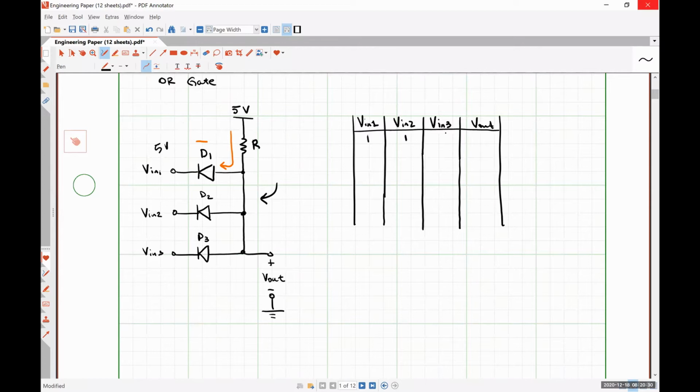So if all of the inputs are high, all three of the diodes are reverse biased, which means no current will flow through the resistor, and so V out is equal to 5 volts. If any diode becomes forward biased, then current will flow through the resistor, and V out will be lower than 5 volts. Yeah, okay.